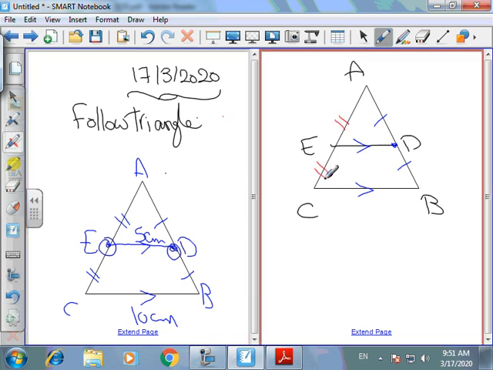Again, if D is the midpoint of AB and DE is parallel to BC, then E must be the midpoint of AC.